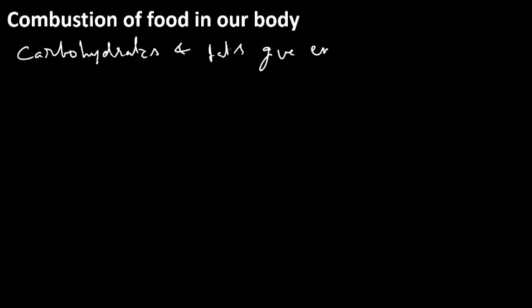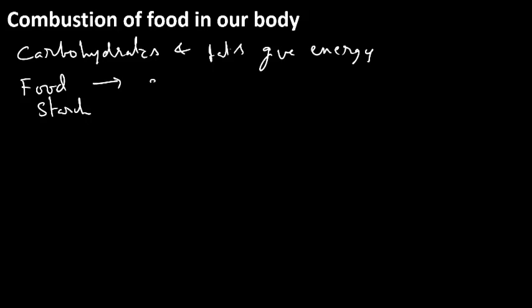We take a variety of foods for getting our energy for performing different activities. So in our food, mainly carbohydrates and fats give energy. Carbohydrates means, say, when we take food, it is in the form of starch.